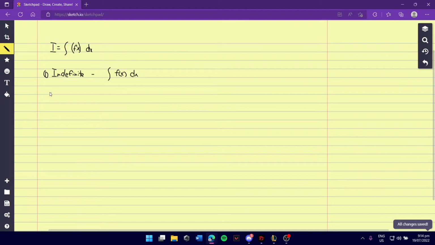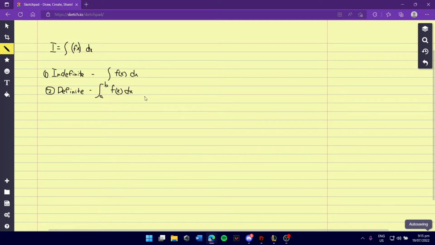The next type is our definite integral. This is the integral with limits from a, our first limit, to b, of the function of x times dx.